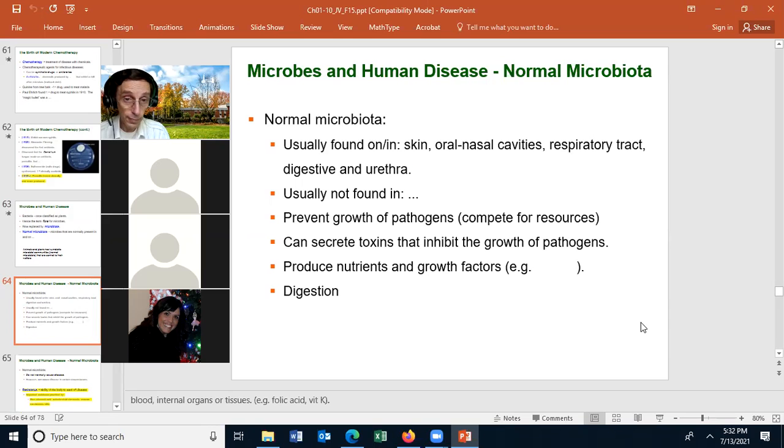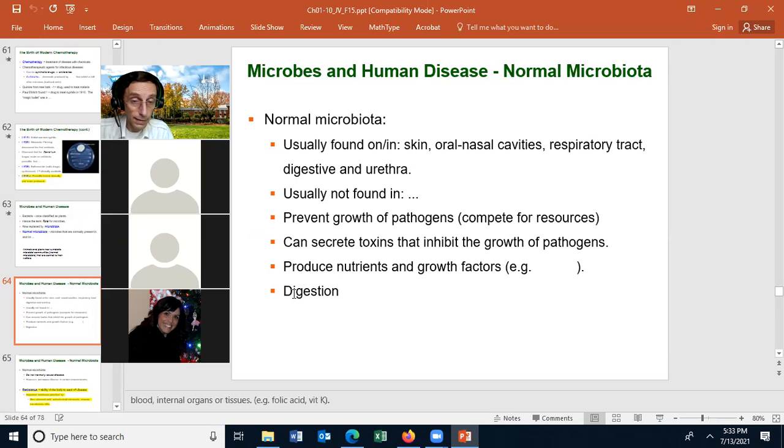And the normal microbes are important to us because they can help us digest our food, like E. coli does that. They can help us produce nutrients and growth factors. For example, humans get a significant amount of their folic acid and vitamin K from their normal microbiota in their gut. And I've already talked about digestion, how the normal microbiota can help us digest our food.